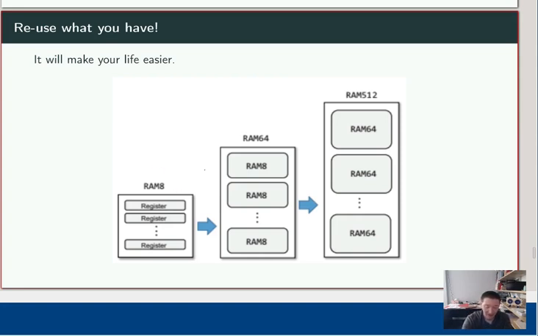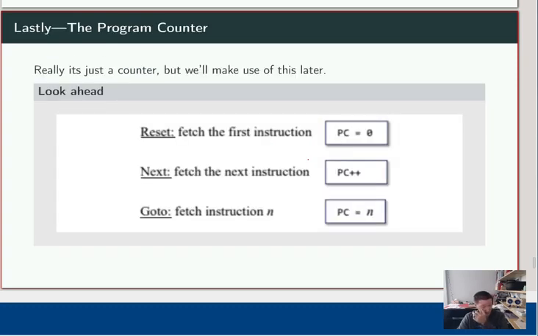A RAM 64 chip is going to be made up of several RAM 8 chips. A RAM 512 chip is going to be made up of several RAM 64 chips. So you can use this hierarchy, instead of copy and pasting 512 different registers. You can use the RAM 64. It's going to make your life a lot easier.